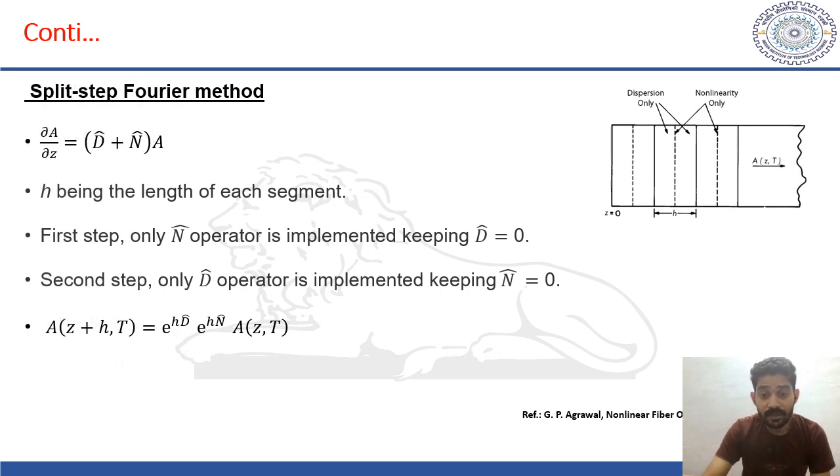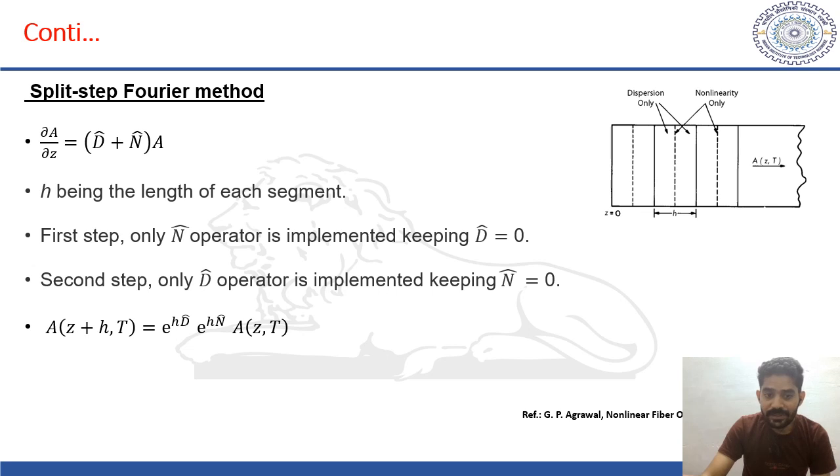To calculate numerically, we use the split-step Fourier transform method. Del A by del z is equal to D plus N operating on A, where D is 0 because we are not interested in the dispersive parameters. We are only interested in nonlinear parameters. The main reason for using the split-step Fourier transform method is to reduce errors: we divide the fiber into segments with step size h.